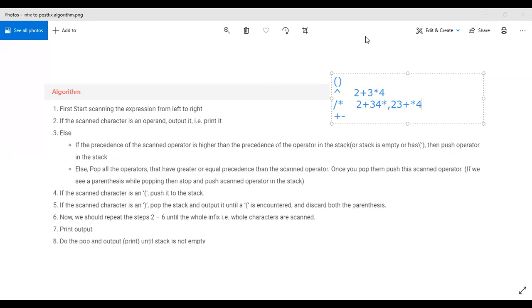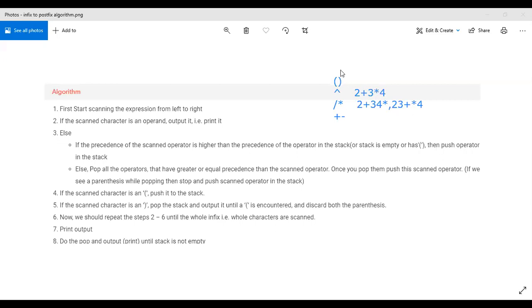Follow the operator with highest preference. So which operator has the highest preference, star or plus? Star has the highest preference. So I will first convert the part in which star is there to postfix. You can see it here.